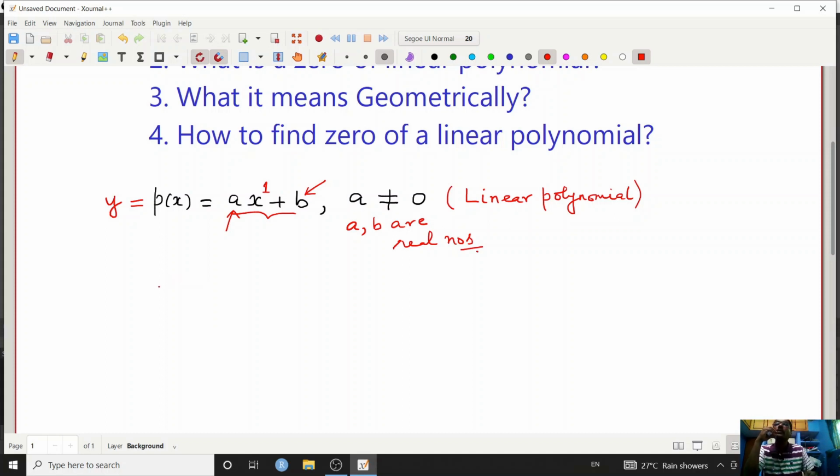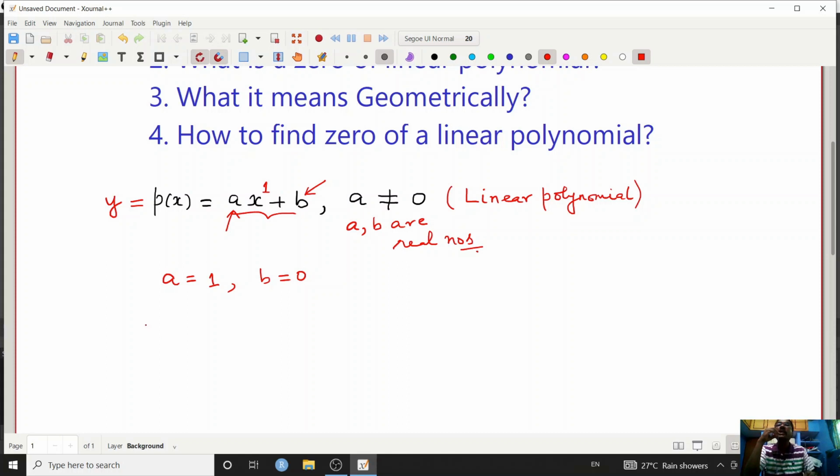Now I am going to consider a to be, for example, 1. Let us take a to be 1 and b to be 0. The only condition on the linear polynomial is that the coefficient a is not equal to 0, but b can be 0.